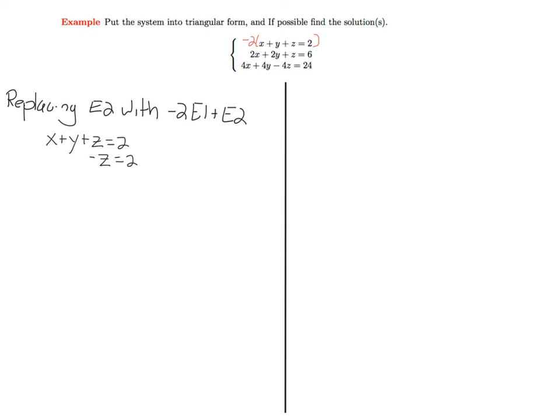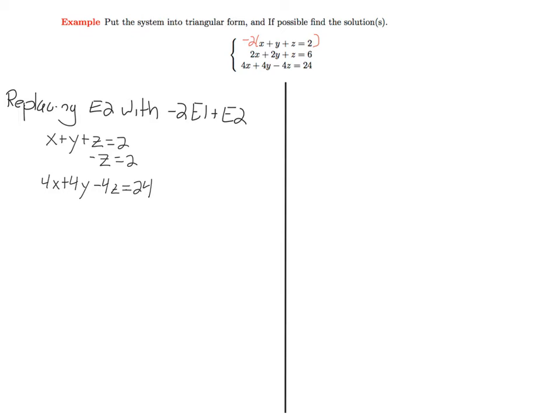And we've got equation 3, which is 4x plus 4y minus 4z is equal to 24. So this operation not just eliminated the x terms from equation 2, but also the y's.